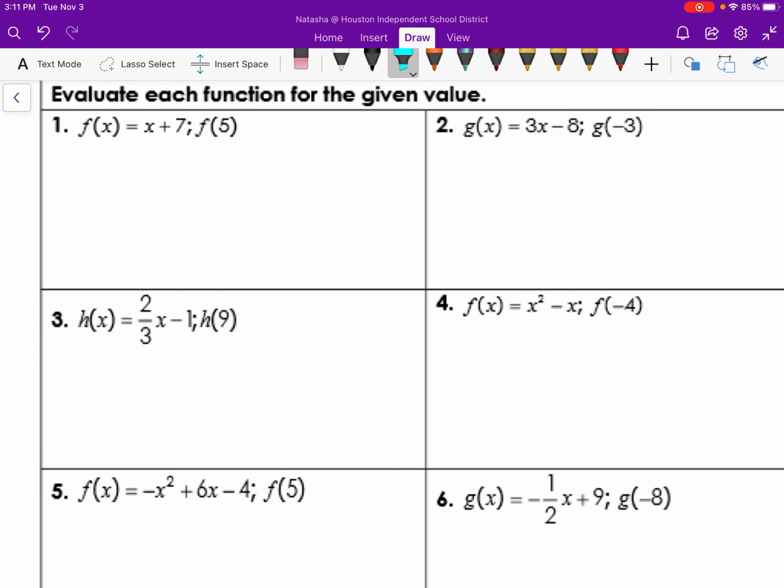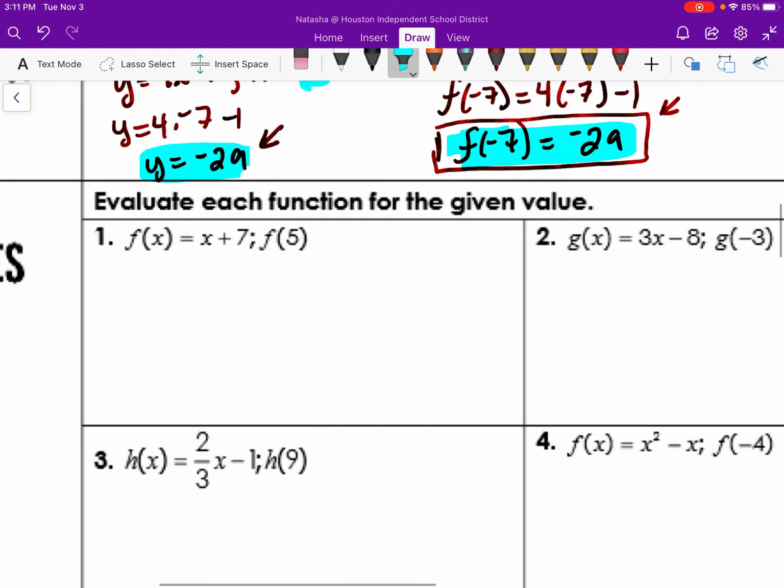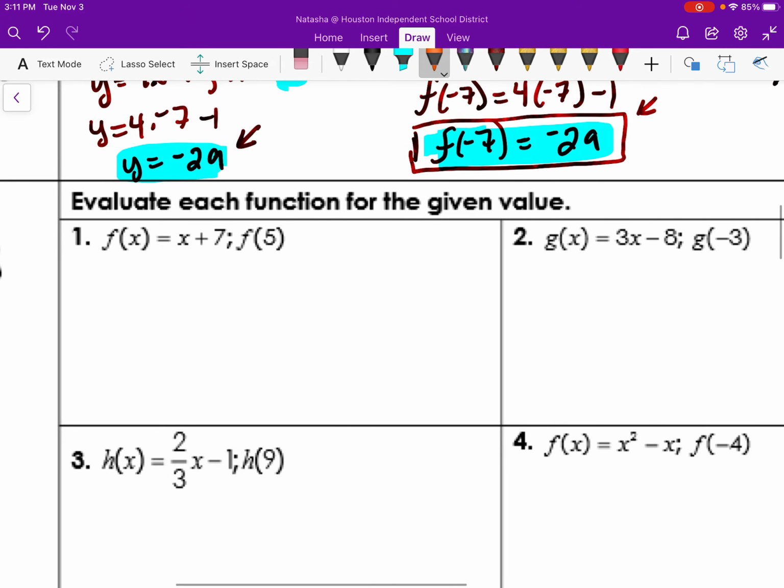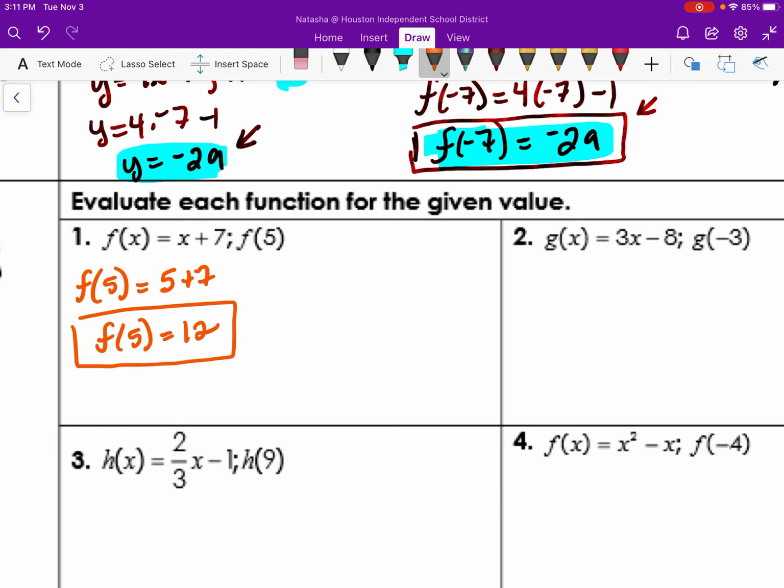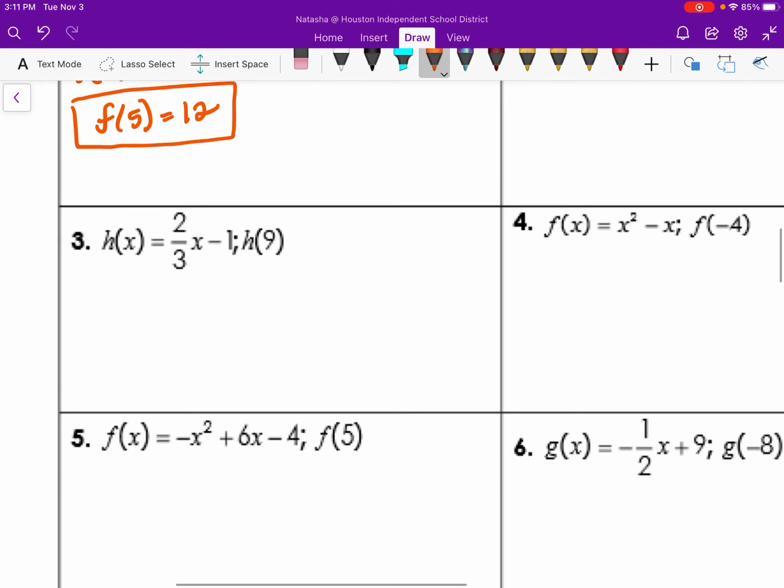So let's do a couple together. I'm going to do a really easy one for you, and then I'll do a hard one to discuss it. So we're looking here for f of 5. I'm going to say f of 5 is going to be equal to, replacing the x with 5, 5 plus 7. That's going to give me f of 5 is equal to 12. And we're done. That's all we're doing on these. Now let's do one with fractions.